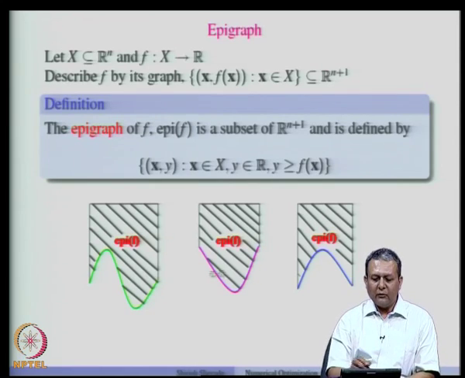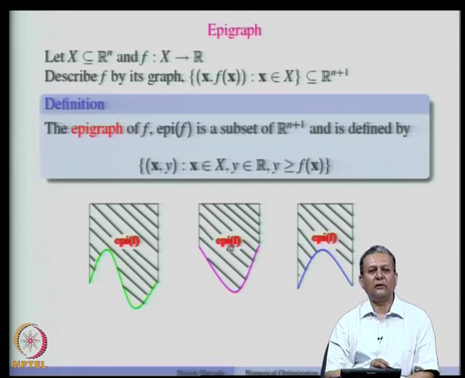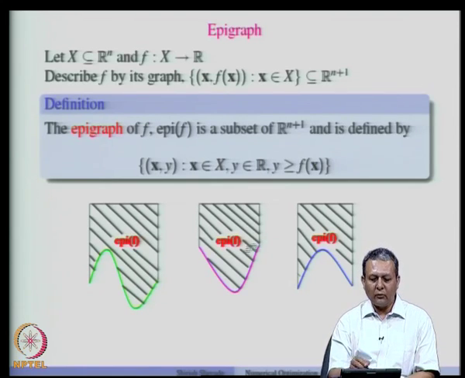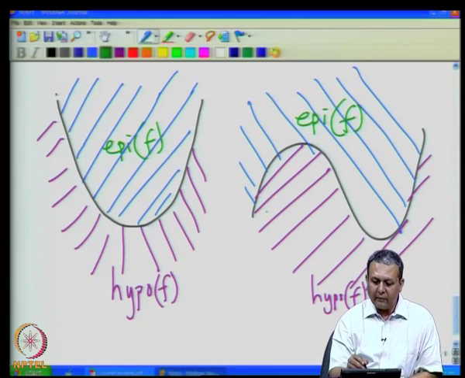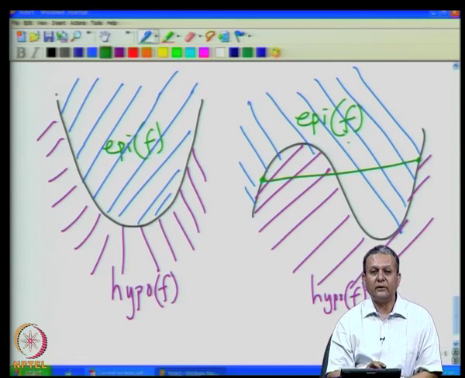and if we look at the epigraphs of these three different functions, especially the epigraph of this function, you will see that this function is convex and the epigraph of the function is a convex set. Now, that is not true in these two cases. If you take a line segment joining 2 points in the epigraph of the set, you will see that the entire line segment does not belong to the epigraph of the set.